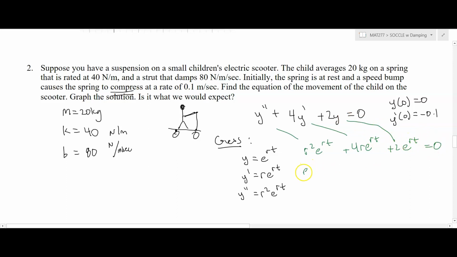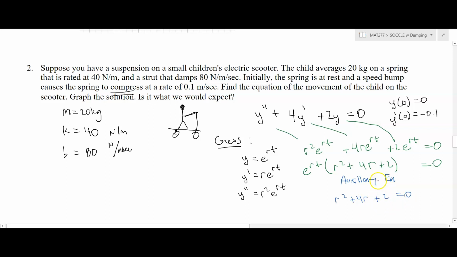Once again, we'll factor out our e to the rt. r squared plus 4r plus 2 equals 0. And you can see here, again, e to the rt will never be 0. So our auxiliary equation is going to be r squared plus 4r plus 2 equals 0.